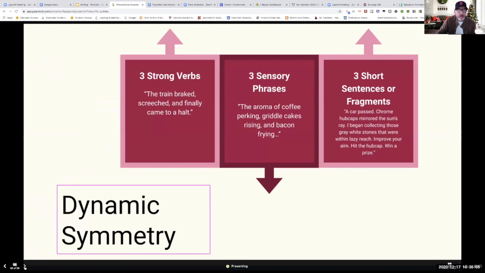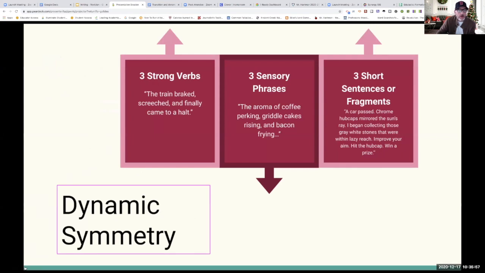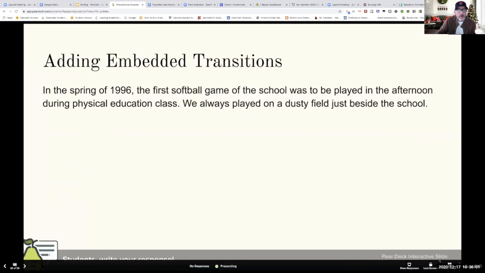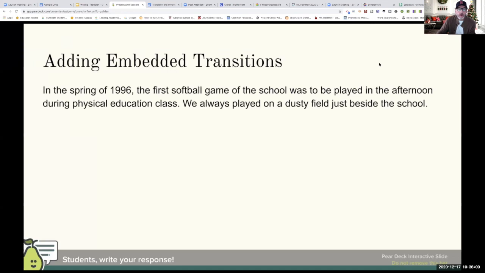Okay, dynamic symmetry we'll talk about a little bit later. But here is where you guys come in. In this particular passage right here, there are some transition words and phrases, and I want you to write those in the response box below.